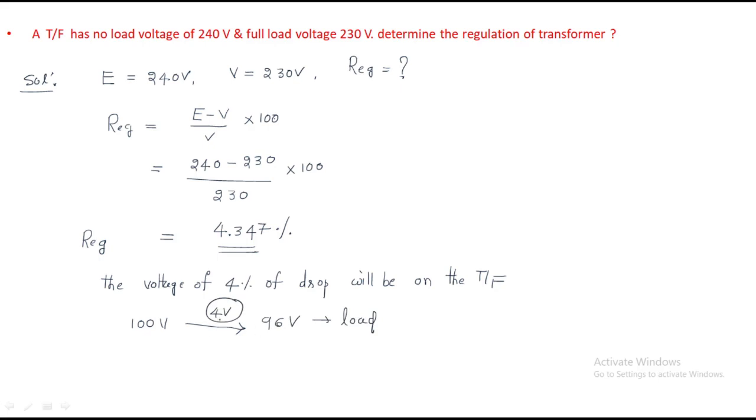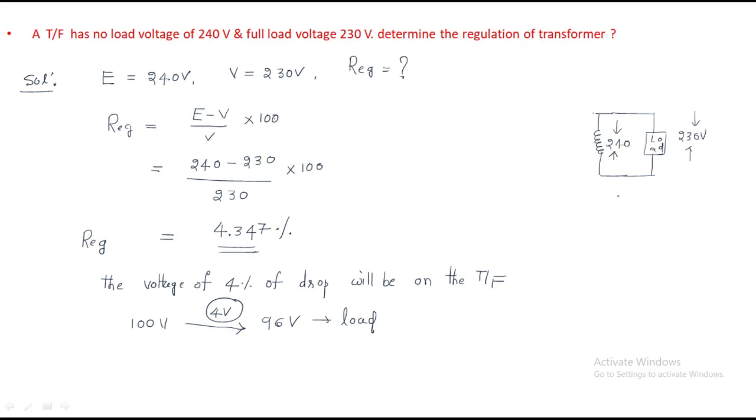Understand? This is the meaning of this voltage regulation. Look here: this regulation of 4.34 means 4% of the drop will be in the transformer only. That means on the secondary side it produces 240, but across the load it will be only 230.